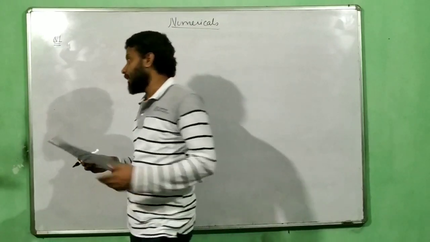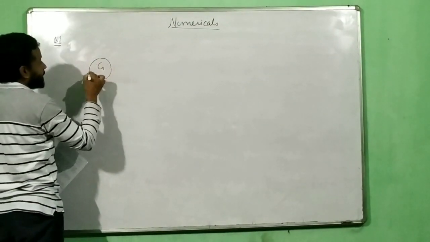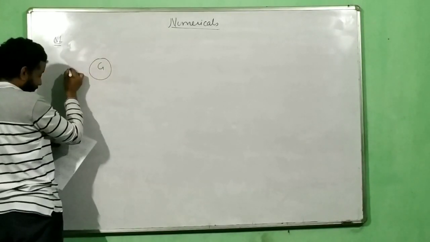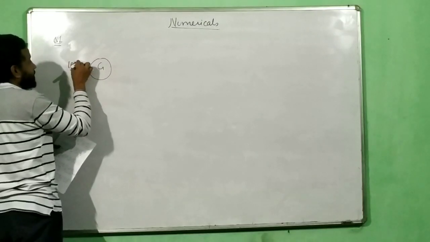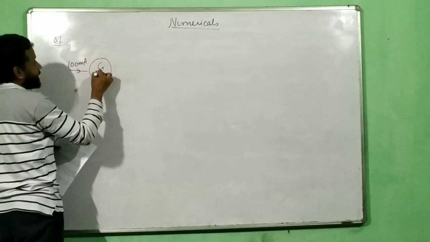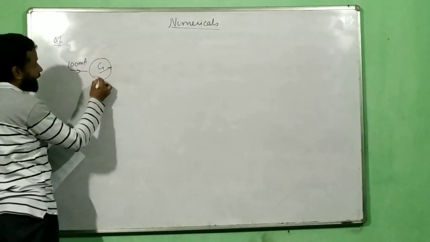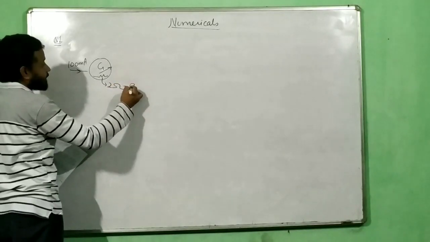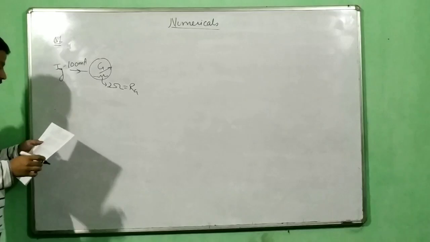So you have a galvanometer which gives a full scale deflection. That means the maximum current, when it flows, is 100 milliampere, and it gives a full scale deflection. And this has a resistance of 2 ohm. So this is my Rg and this becomes my Ig, that means the full scale deflection.